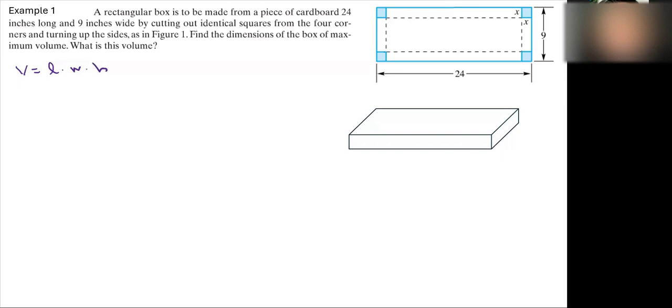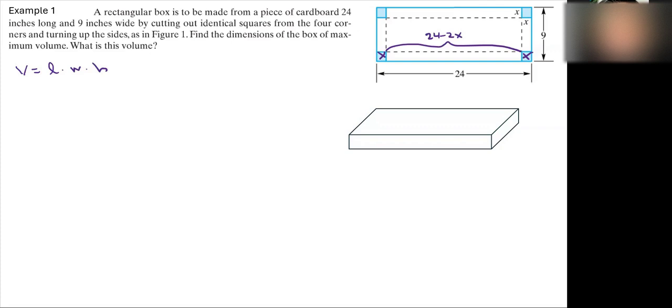Well, if I cut these corners out here, and I know this side here is 24, but I cut these two endpoints, that means this length here is going to be 24 minus 2x.